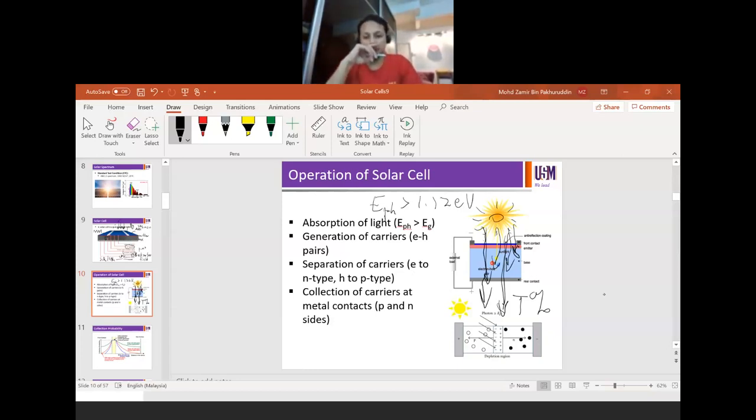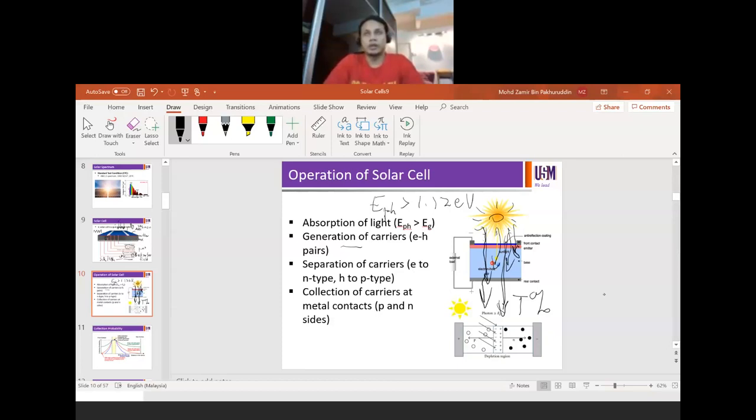For those photons which are absorbed, they will generate electron hole pairs in the solar cell. In fact, throughout the bulk, on the front side in the emitter, in the PN junction, and in the quasi-neutral region as well. The moment we have generated electron and hole pairs, as we learned last time when we discussed the illuminated junction, the electrons and holes are going to get separated due to the presence of the electric field at the junction.